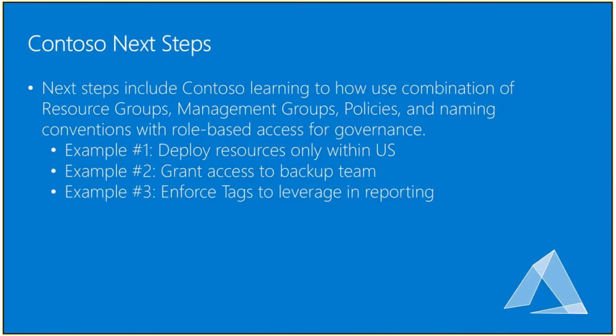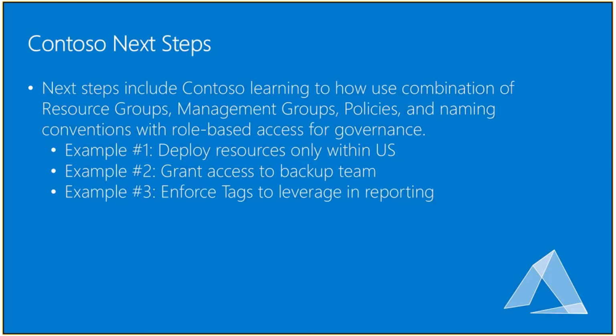Okay, so let's talk about next steps. Next steps is going to include Contoso learning how to use a combination of resource groups, management groups, and policies and naming conventions in conjunction with the role-based access that we just covered to improve governance. So for example, we're going to create a policy to say resources are only going to be deployed within the United States.